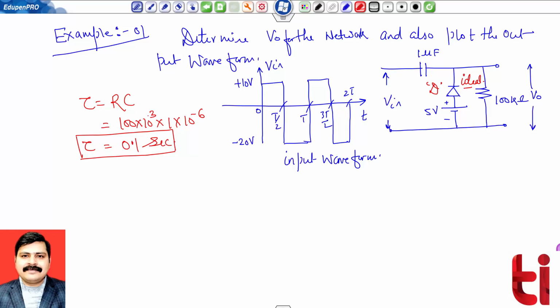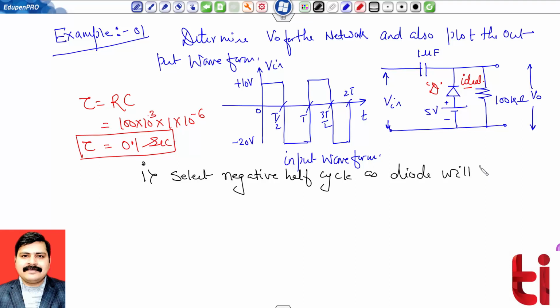As far as the solution is concerned, let's start with the negative half cycle, because the negative half cycle will make the diode forward biased. So select the negative half cycle, as the diode will be on in this.